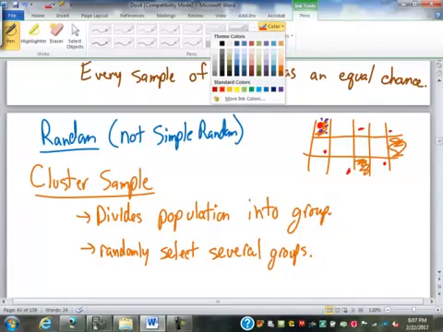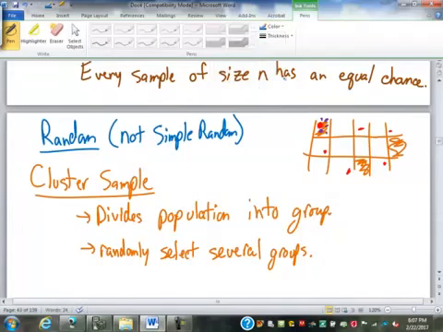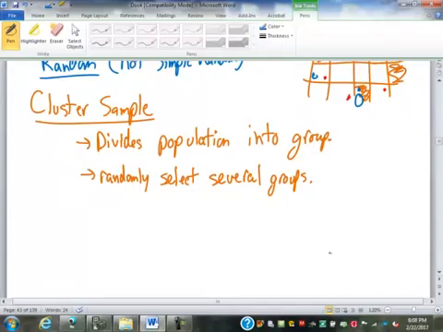Now again, that's random because every block in the city has an equal chance of being chosen, but it's not simple random because it's not possible to choose a sample that has one person from each block. Or it's not possible to choose a sample that has this person on that block, but not the person next door to him. If you're on that block, your whole block's chosen or not chosen. So it is a random sample, but not a simple random sample. It is still valid.